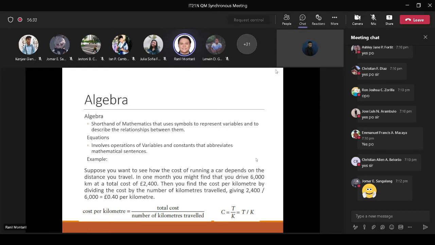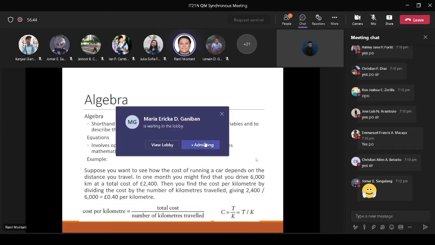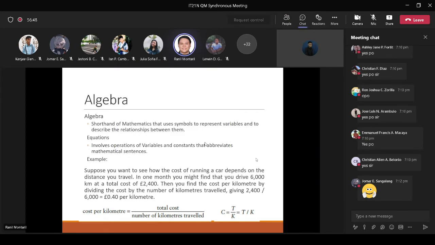So that's algebra. But the symbols of algebra comprise variables and constants. Sometimes constants are shown, whether arbitrary or direct constants. These variables are normally unknown, and sometimes the unknown is what we look for. That's why we represent it with a symbol. So basically, that's why it's shorthand: it abbreviates the mathematical sentence.